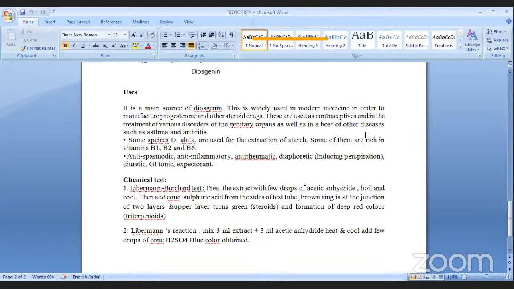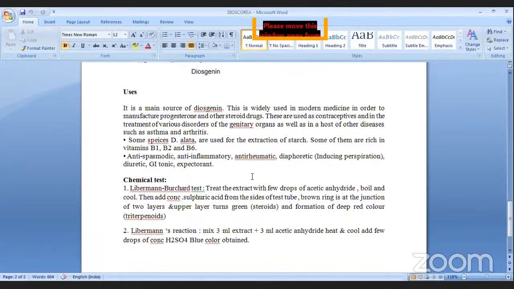Okay, and it is also used for the extraction and isolation of starch, and it is also rich in vitamin B1, B2, and B6. Apart from this, it's also used as antispasmodic, anti-inflammatory, anti-rheumatic, and in the treatment of rheumatic arthritis.